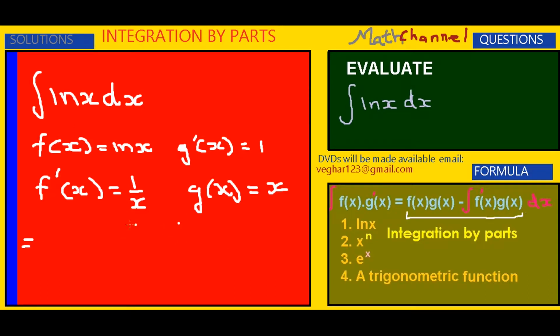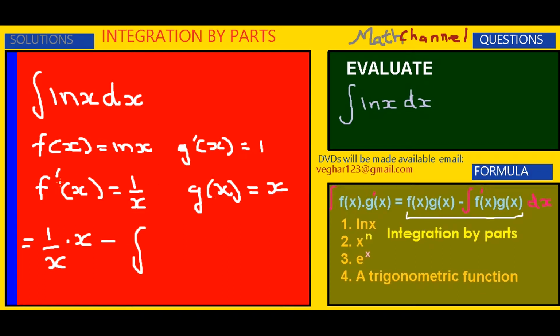So now we are at this point, and we have to fill in this side, because we're using integration by parts. We'll take this one as our f of x and place it here. Then multiply by g of x, which is not a prime. There's no prime here, so we use g of x, because the formula says so.